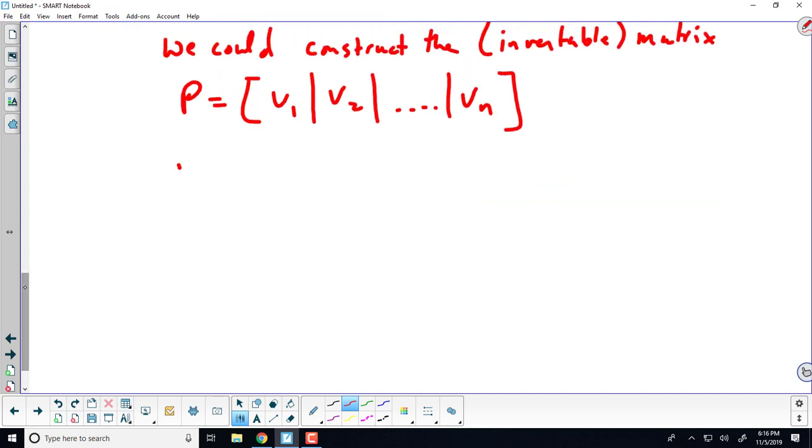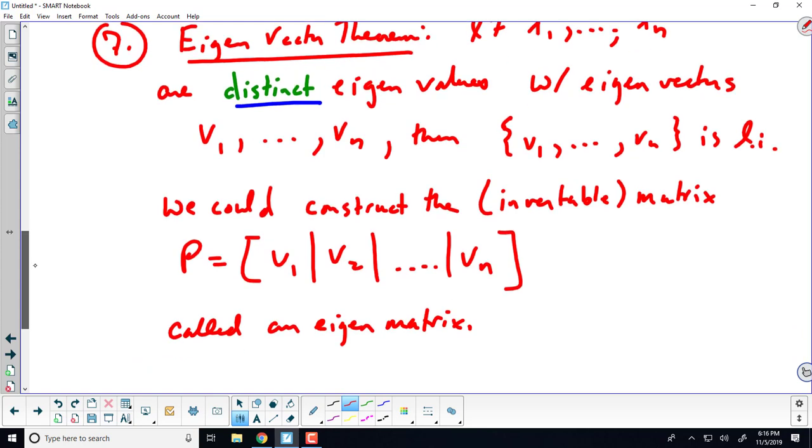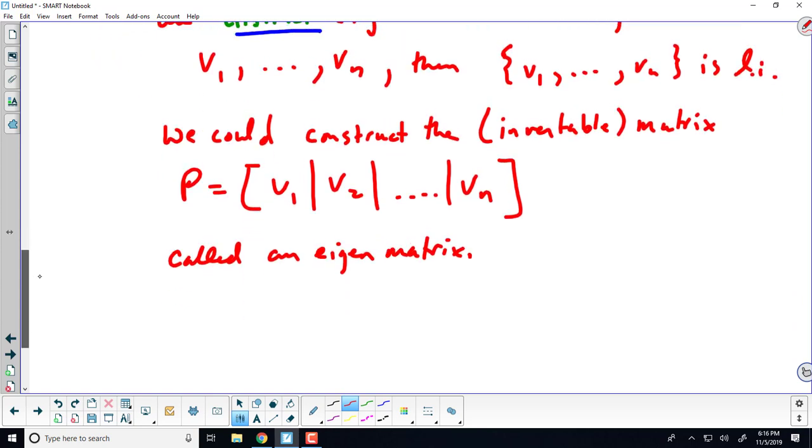So I'd like to call it an eigenmatrix, just to give it a name. It's a matrix whose columns are all eigenvectors. We can only do that, which is why it's sitting underneath 7 here, if we have distinct eigenvalues. That's the only way this will be an invertible matrix, so we need it to be linearly independent.